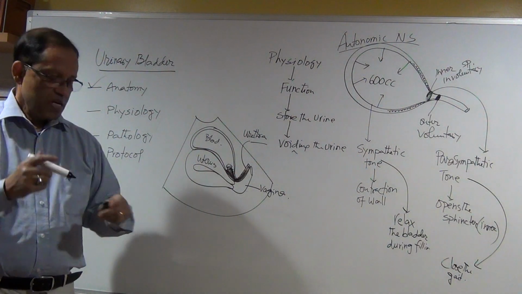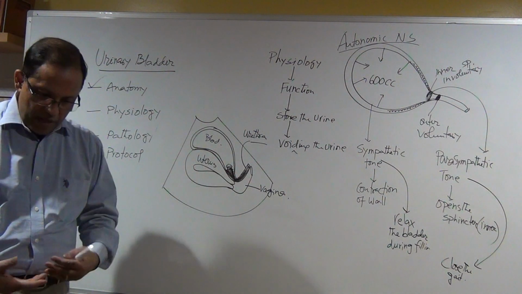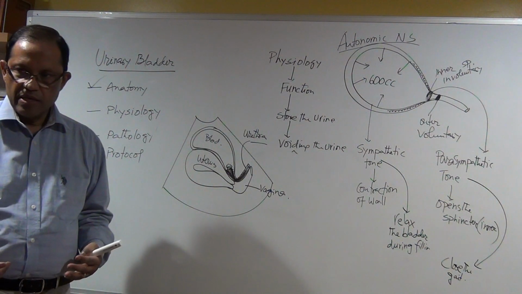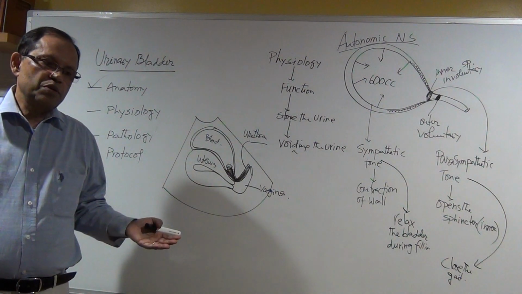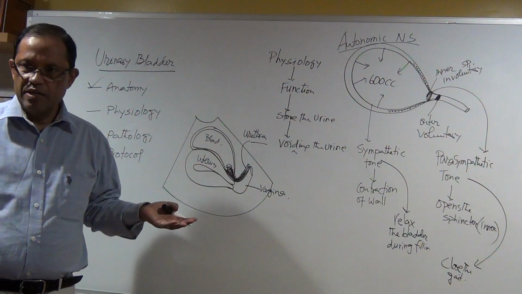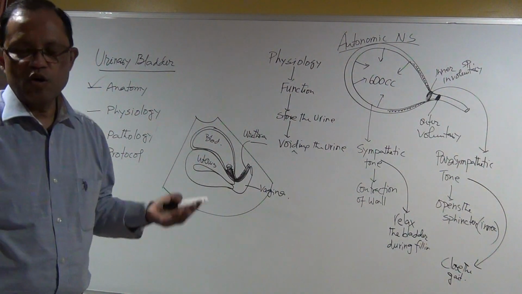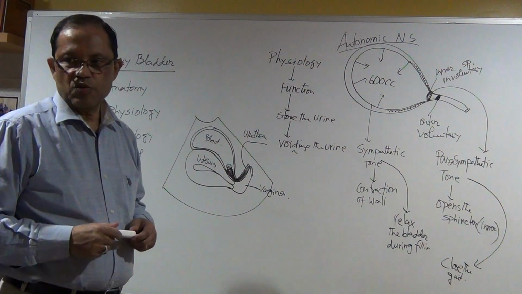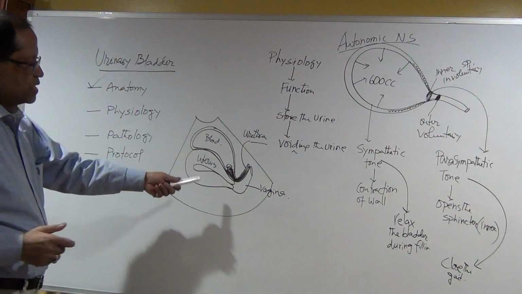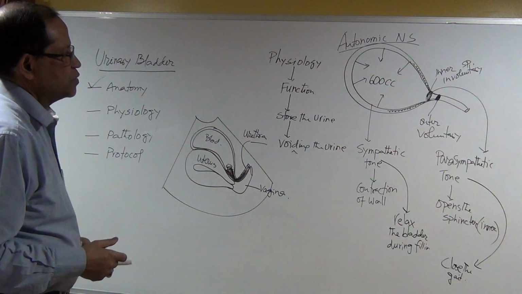Sometimes you will see, if the pelvic muscles are weak due to multiple labor, the female gets loss of this control. Okay, so this is important. We need to know it.